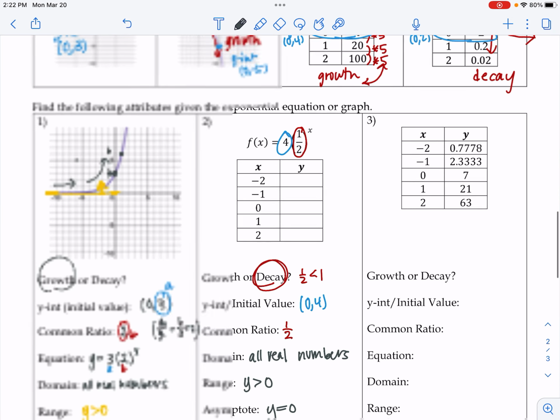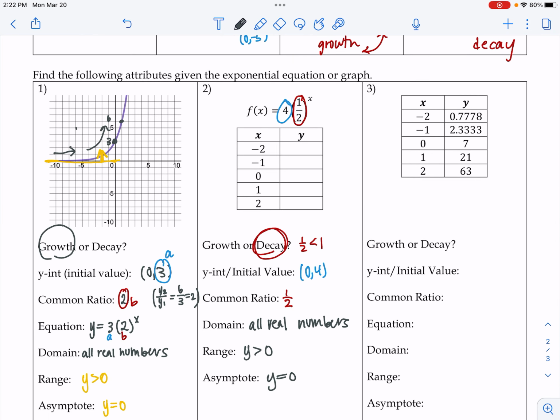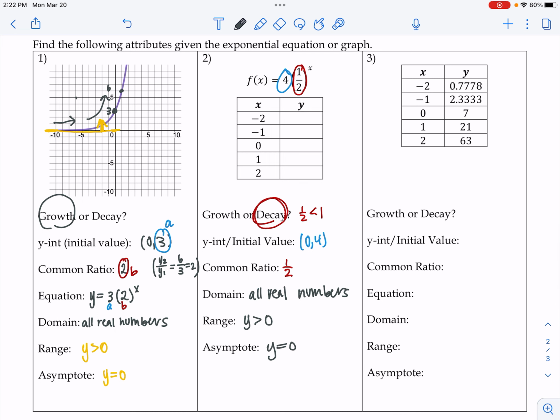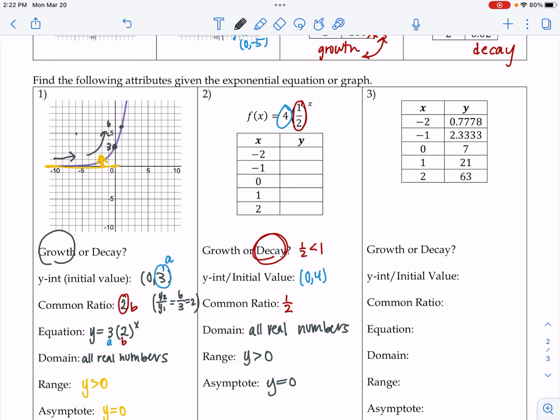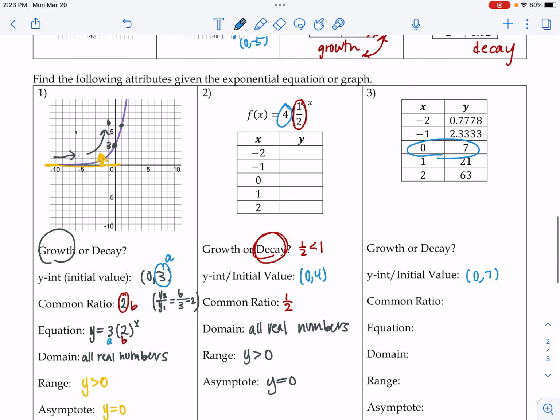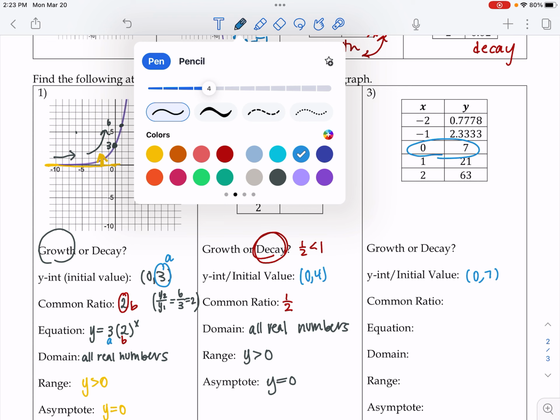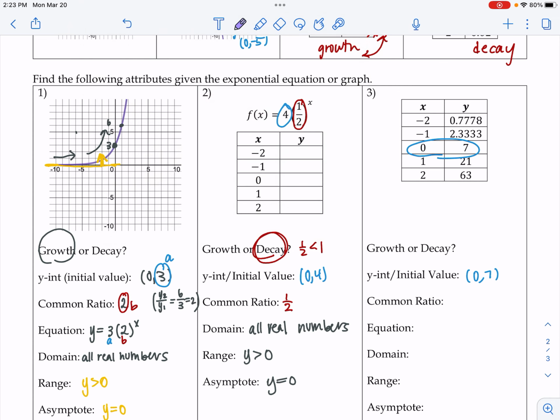Okay, here we don't have an equation, but we can write one after we look at what's happening in the table. So we can get our y-intercept right off the bat. And then let's just look at the whole numbers, not the decimals. From 7 to 21, that's multiplying by 3.